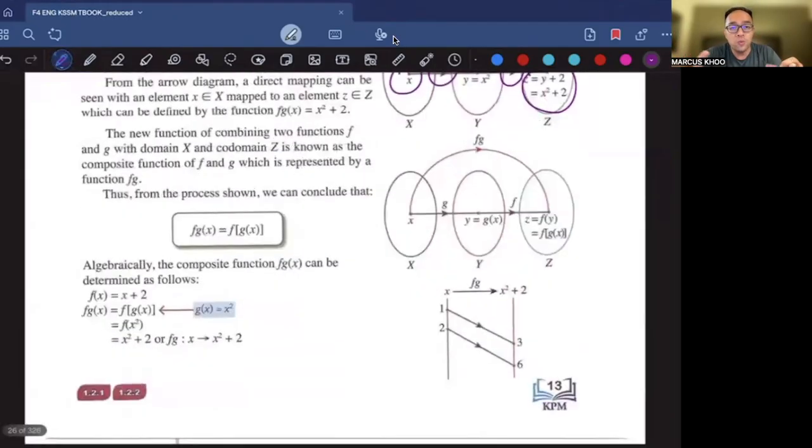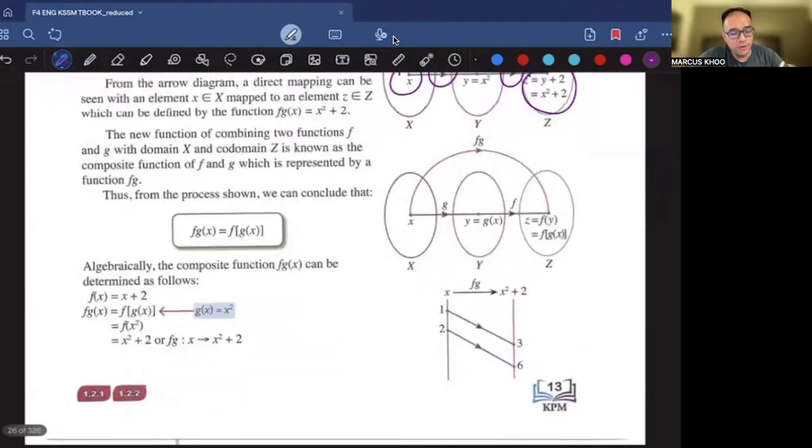We can also write the composite function like this, or we can split it up. We put the first function into a different bracket so that we tell ourselves, let's do this function first. This is the first, and then this is the second. So the combination of both functions will look something like this.